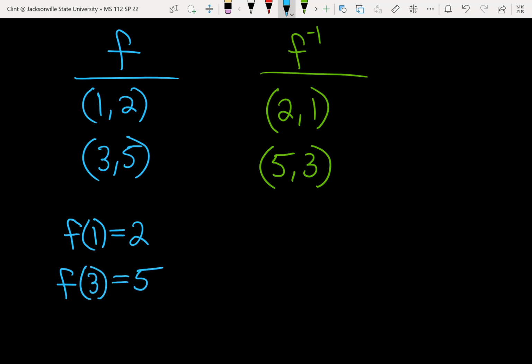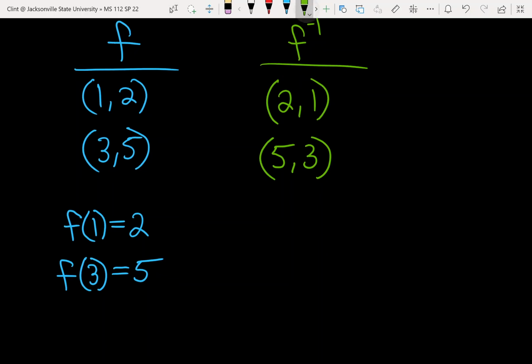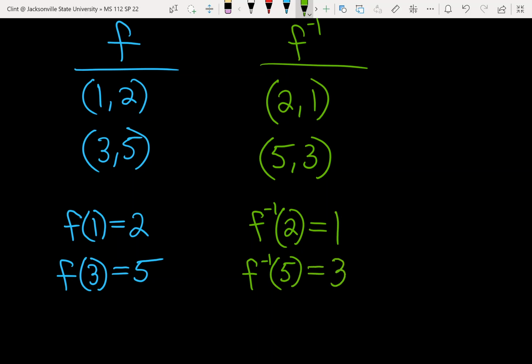Right, because this is still our input and that's our output. So if that's the case, then the way we could write these others is we would say f inverse of 2 is 1, and f inverse of 5 equals 3.